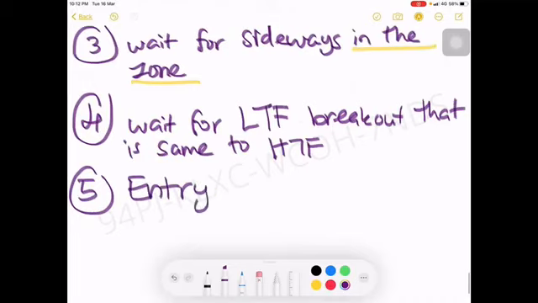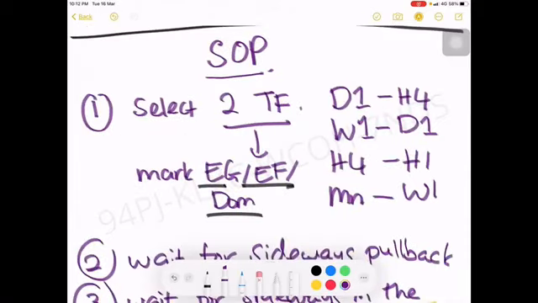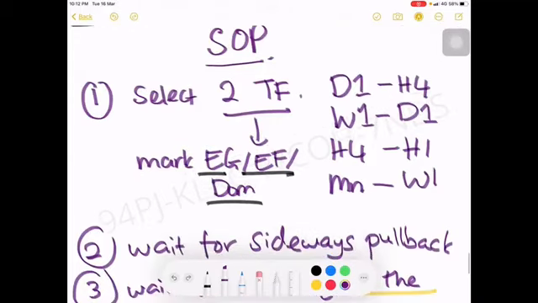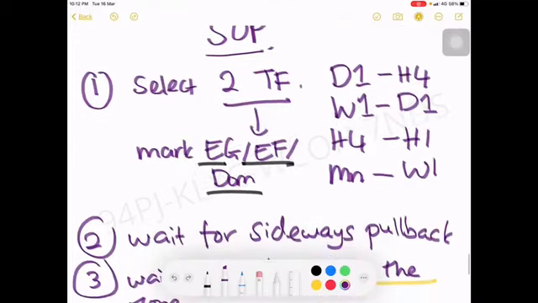And number 4, wait for lower time frame breakout. That is the same, I will show it to you later in the chart.